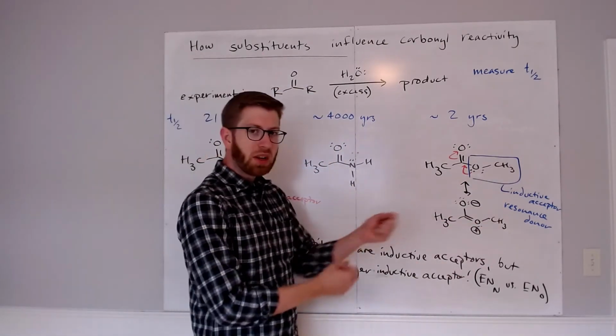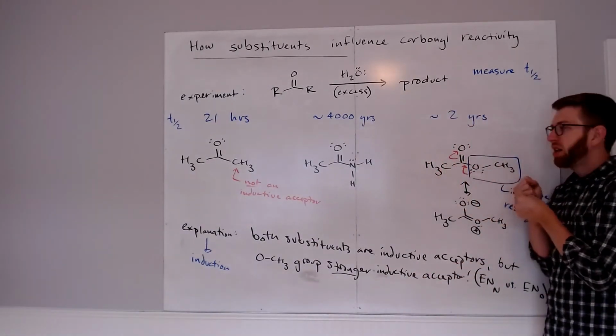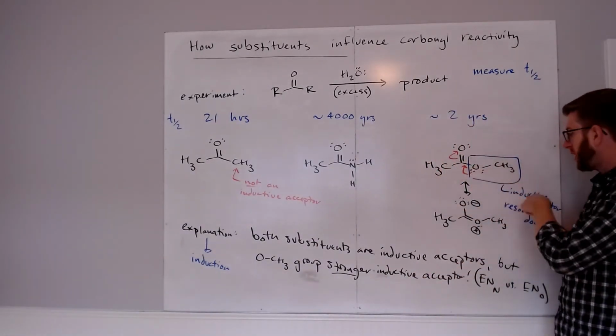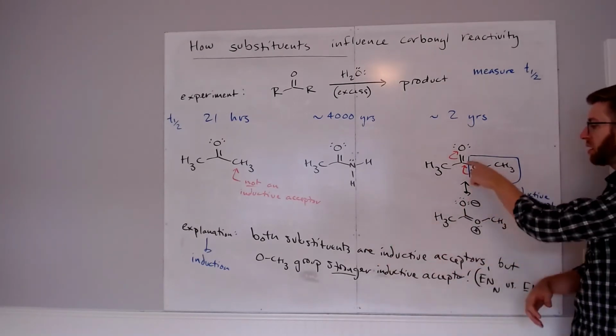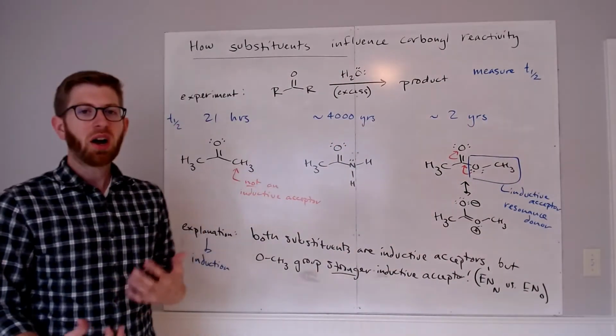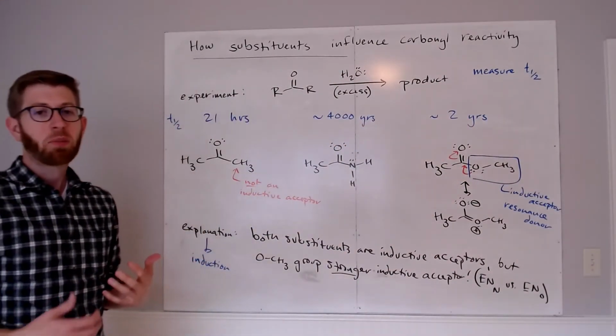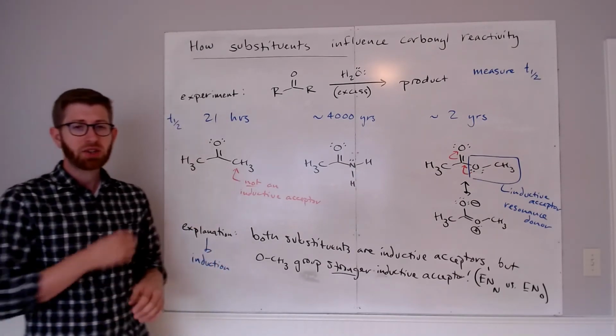It's removing electron density from the carbonyl carbon by way of induction, while at the same time putting it back into the carbon by resonance. And as we established in acid-base chemistry, oftentimes this resonance effect is going to be more powerful than any kind of inductive effect. Well, let's see if that's actually true here.